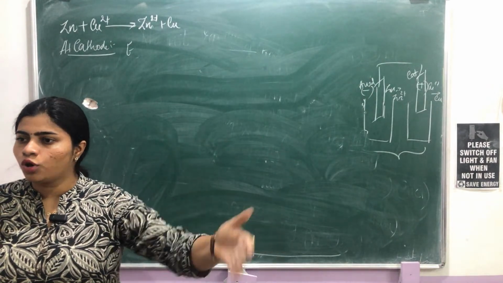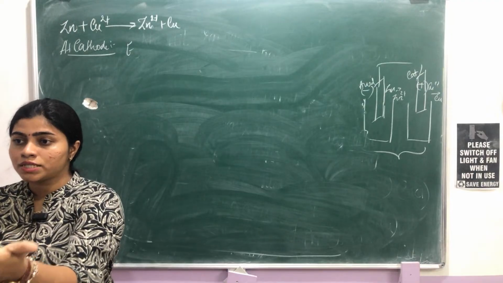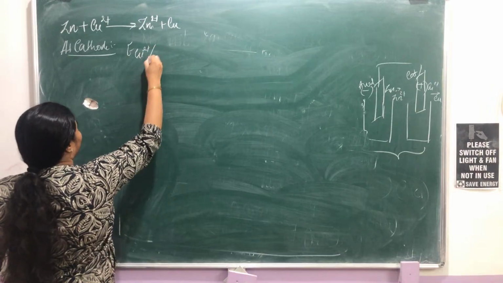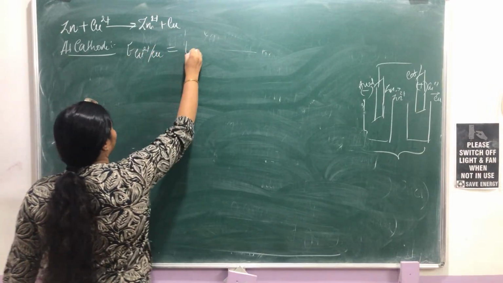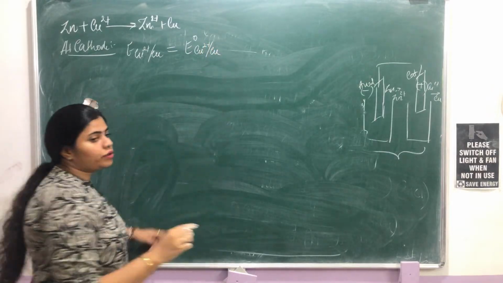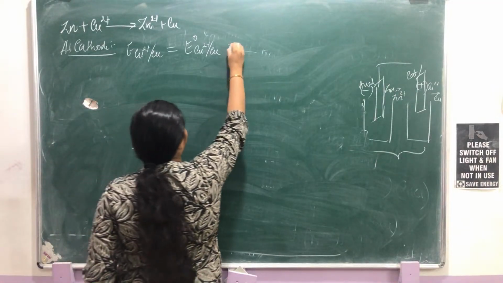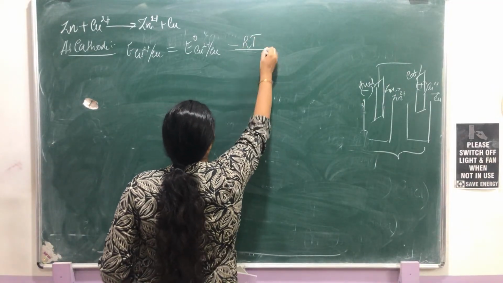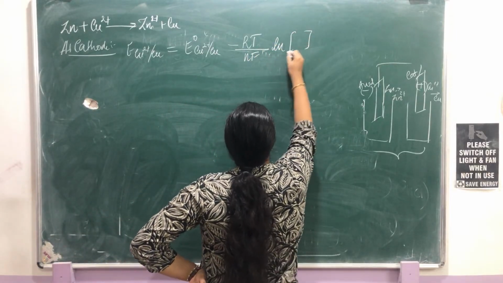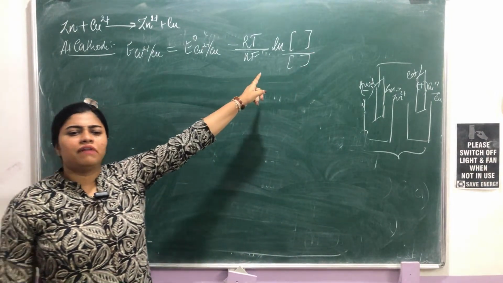Mn plus bar M or M bar Mn plus? In the Nernst equation, Mn plus bar M. So it should be Cu2 plus bar Cu is equal to E naught Cu2 plus bar Cu. Are you able to understand what I am writing? I am writing the same thing based on the equation. Minus RT divided by NF. Keep it in ln itself. Ln dash divided by dash. Now, what will be the value of N here?